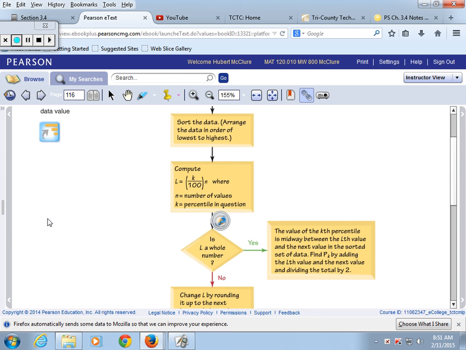Here they give you a percentile and you find the what? The number. So you might want to write that down. In the first formula, they give you the number and you find the percentile. Give the number, find the percentile. In this formula, you're given the percentile, and you find the number.